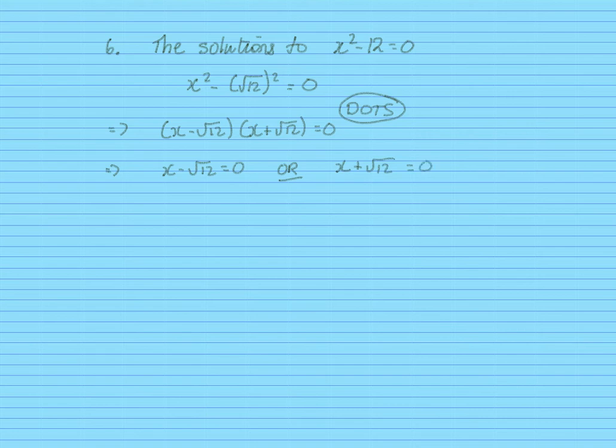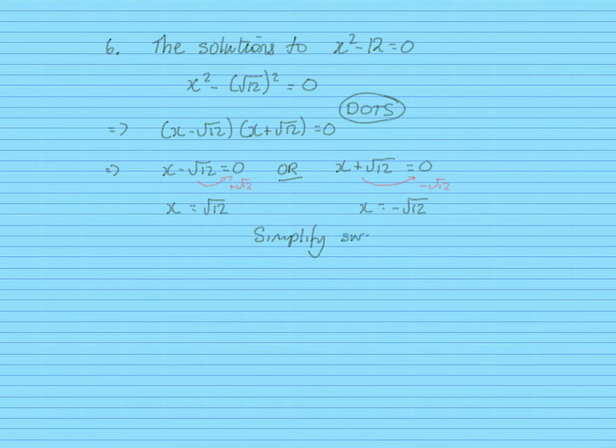And now we get the x by itself, so we move the root 12 over to the right, and we get x equals square root of 12. So the first one will be x equals the square root of 12, the second one will be x equals negative root 12. So you get two solutions to the question.